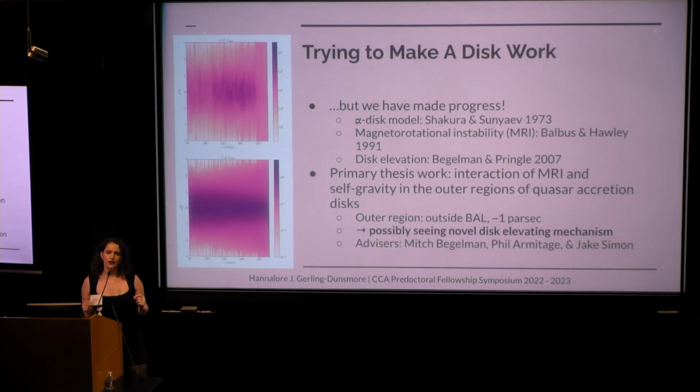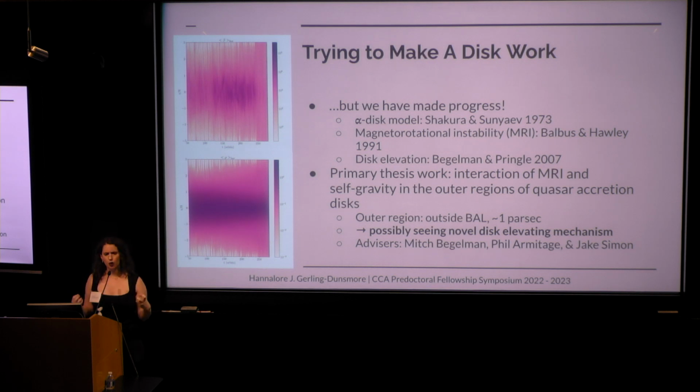In 1973, Shakura and Sunyaev introduced the alpha disk model, by which they proposed that angular momentum transport occurs due to an effective viscosity provided by turbulence within the disk, the strength of which can be parameterized by the alpha parameter, hence the name.